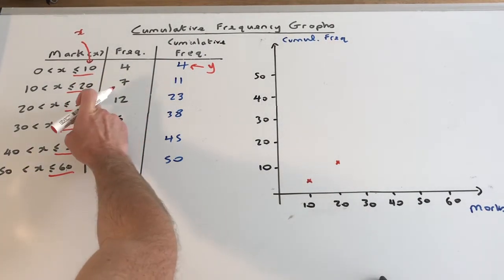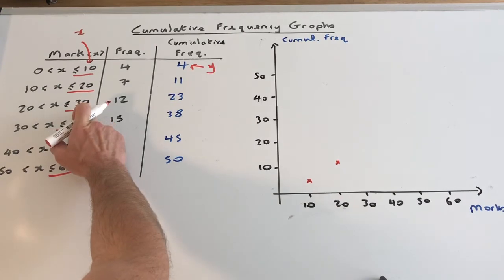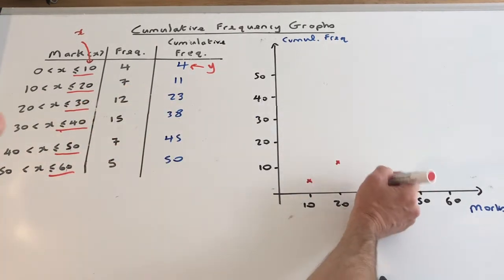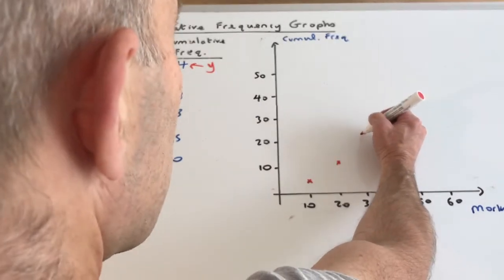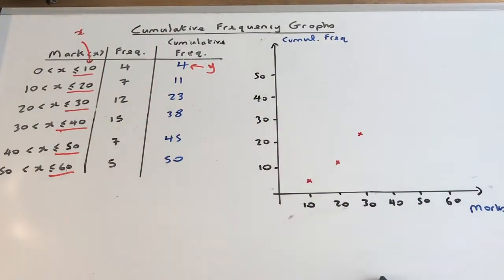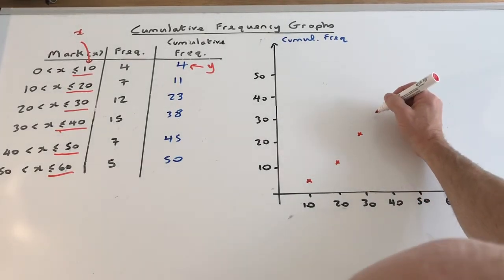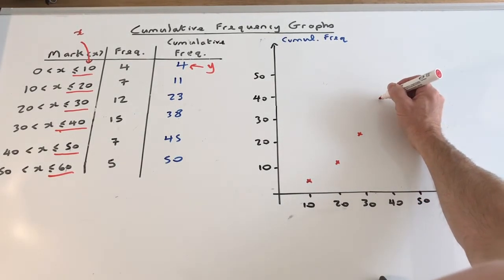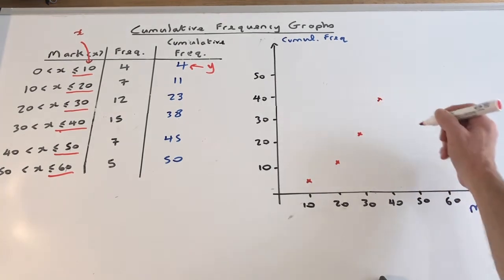30, 23. So the end of this category again is the x-coordinate. 30, 23 is about here. Again, my graph isn't super accurate. 40, 38. Oops, excuse me. 40, 38 is about here.